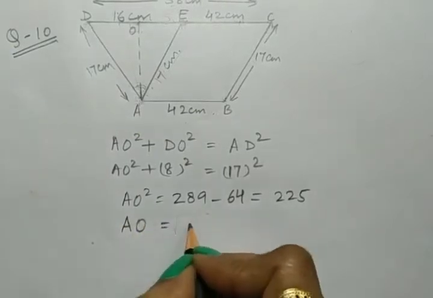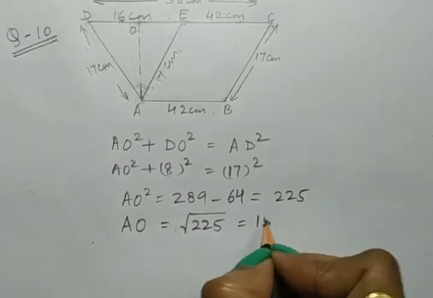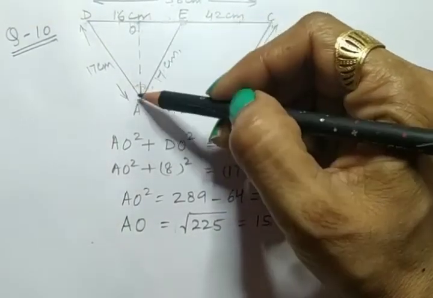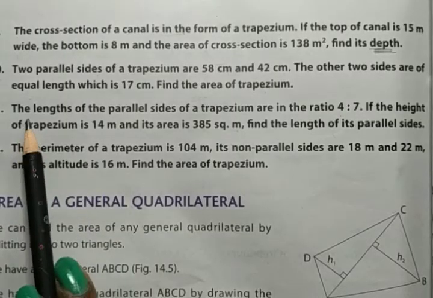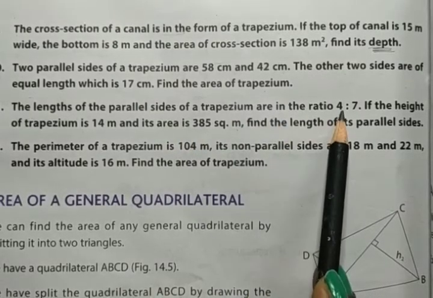AO is equal to square root of 225, and that is 15, and AO is the height in this trapezium.